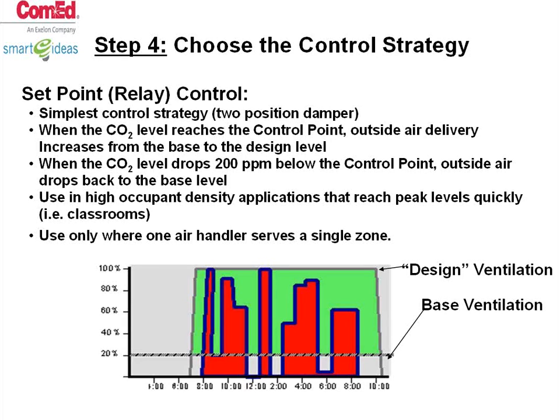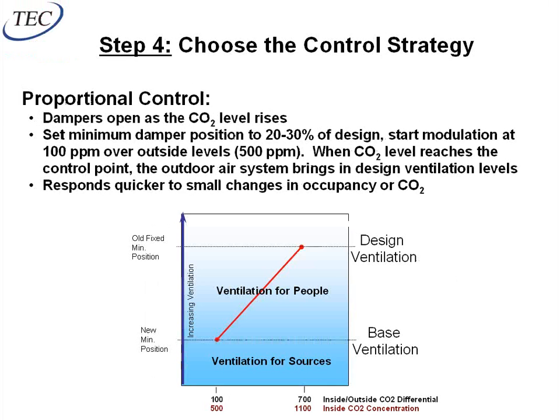So the CO2 level gets to a certain set point, say 1,200 parts per million. We click on the relay, which takes the damper from minimum base ventilation rate back up to our normal design ventilation rate. Then we get below our set point, we close it again, and then open, close, open, close, open, close. So we're just popping between 2 points all day long. It's a pretty crude way to do it, but it's easy to retrofit on an existing rooftop unit.